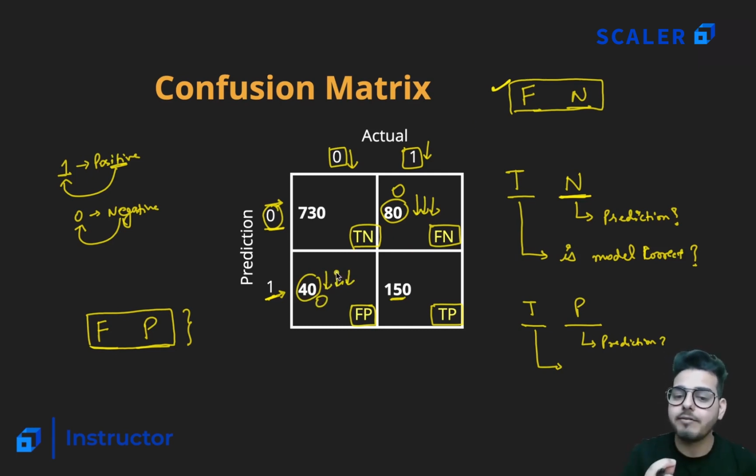But we should have a model having false positive and false negative as low as possible. And these two numbers, TN and TP: always remember the diagonal elements should be very high, and the off-diagonal elements, the rest of the elements, should be very low. Then I will say that my model is sensible.